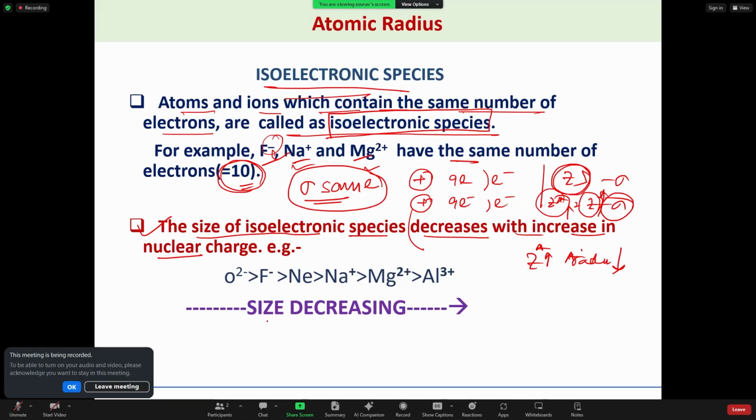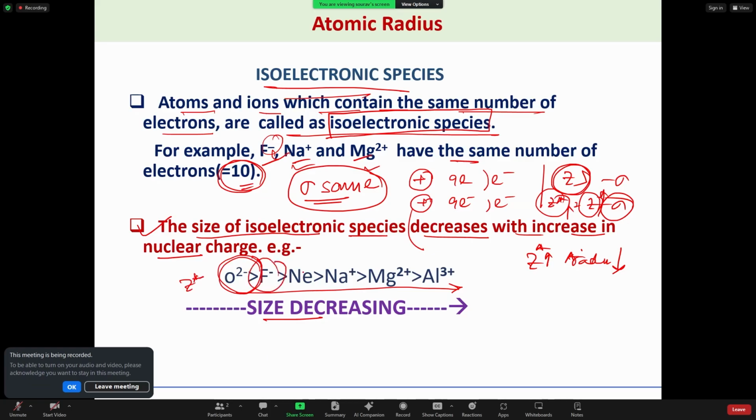The size is actually decreasing. For oxygen, the size is high, that means the Z star is very, very less for the oxygen case.